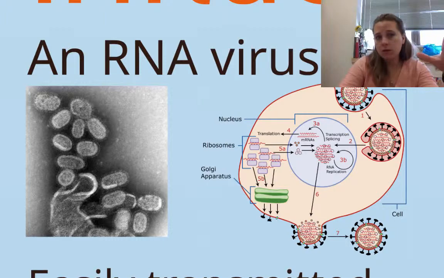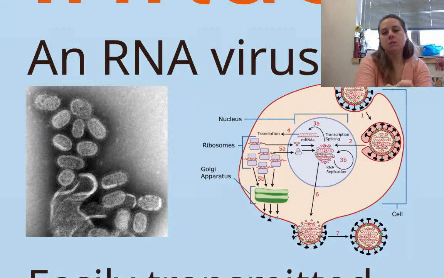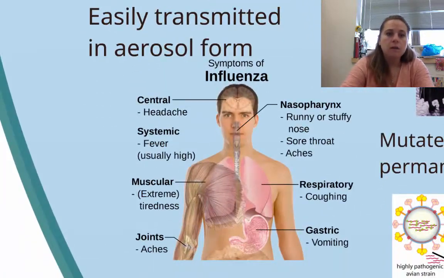That's a little bit different than a prokaryote. So the virus comes into the cell, but not the whole virus is going to enter into the nucleus. Only the genetic information enters into the nucleus. You're going to get some transcription, splicing, some mRNAs being created, and then those head out to the ribosomes to ultimately help to create the new viral pieces.